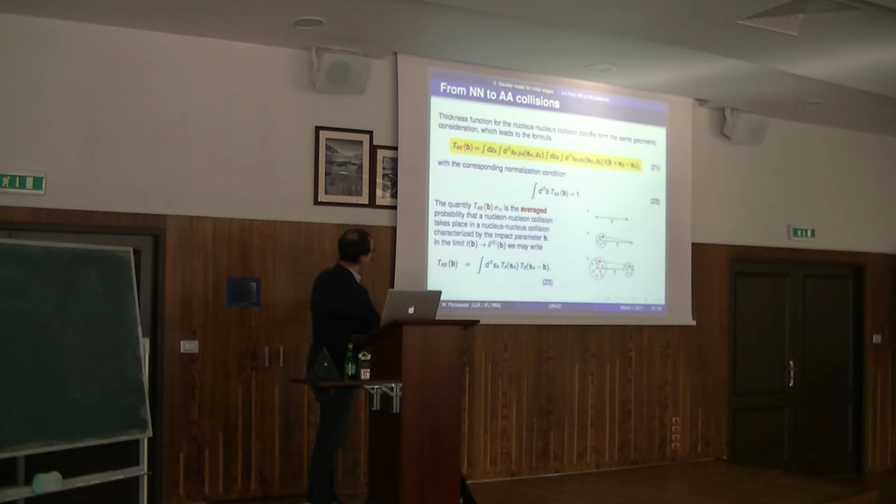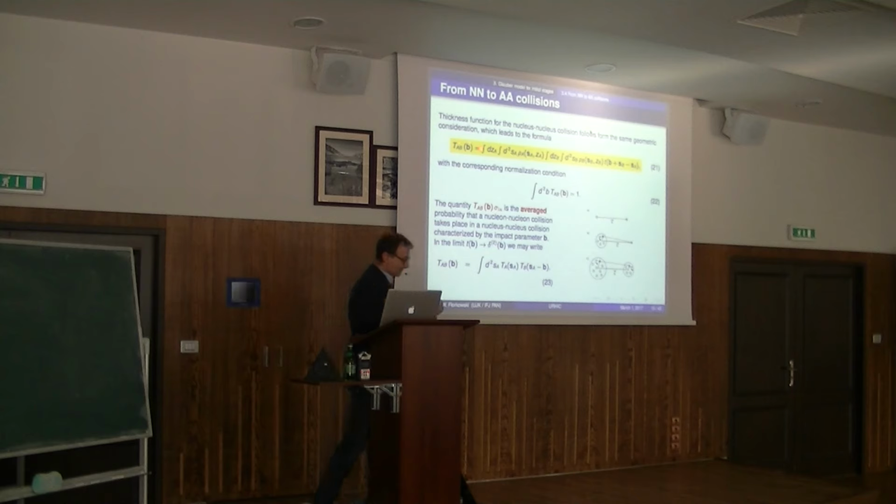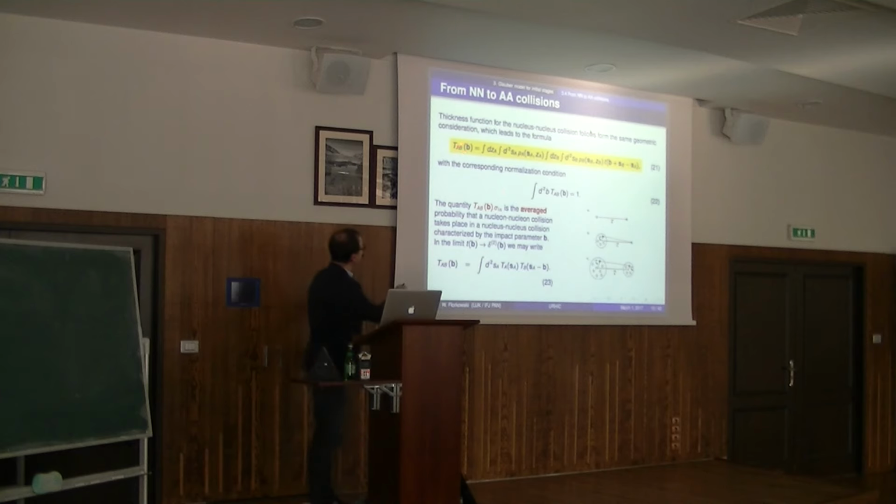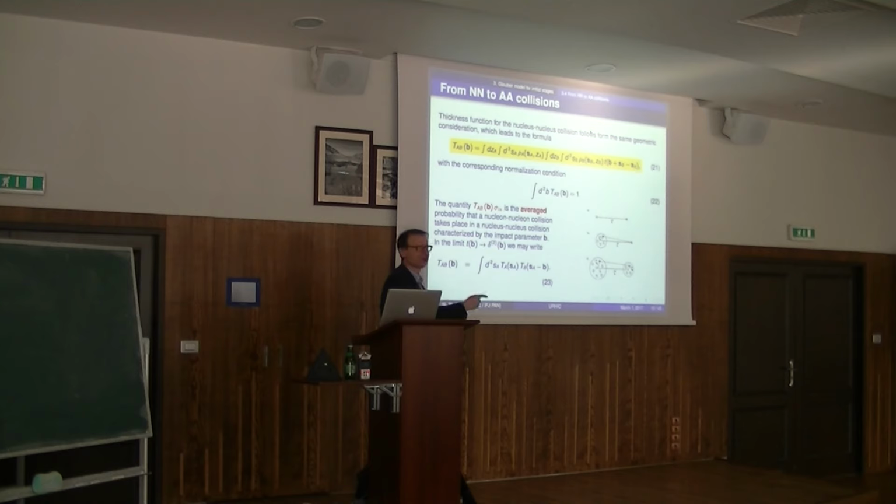This thickness function for nucleus collision is also normalized to unity. If you multiply this thickness function by the cross section, you have the average probability for nucleon collisions in nucleus collisions.